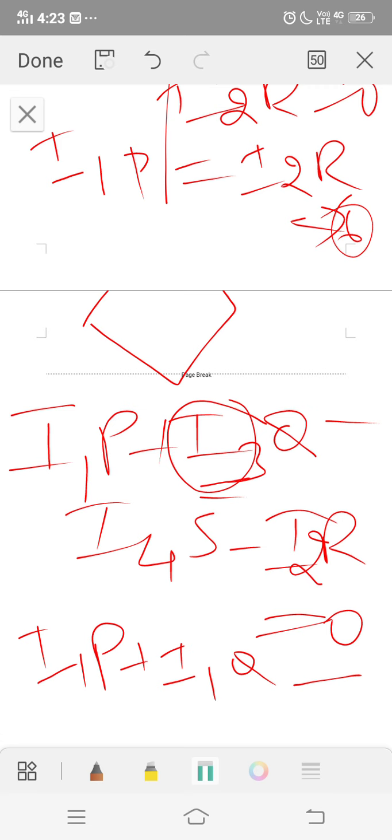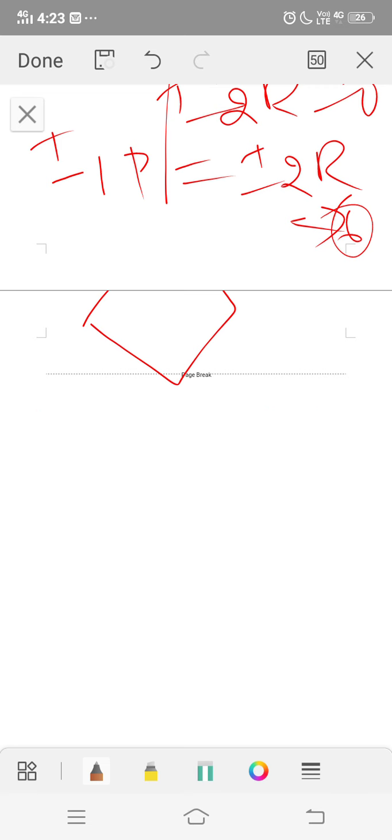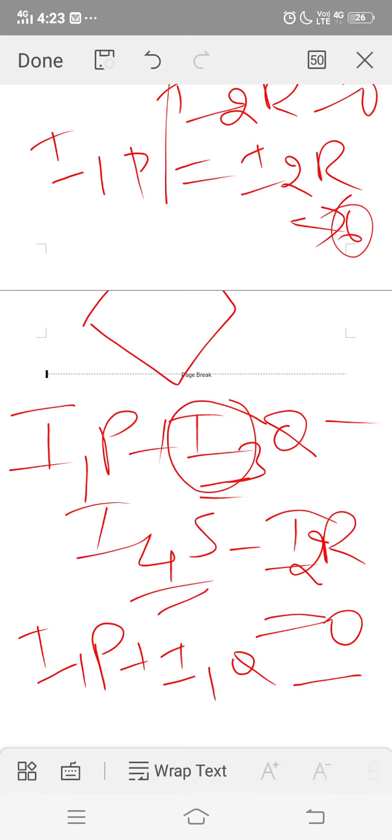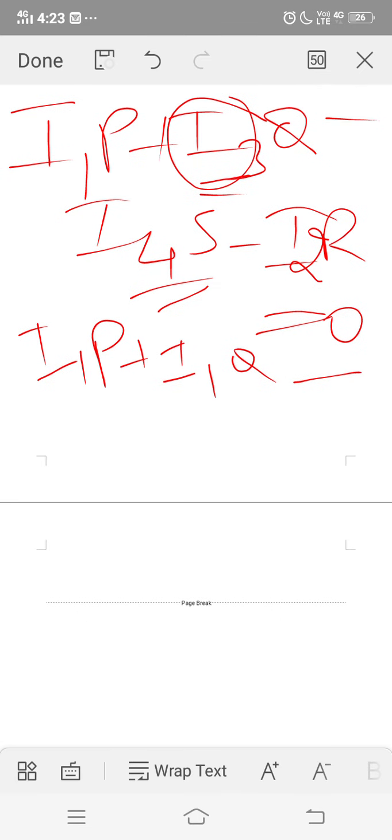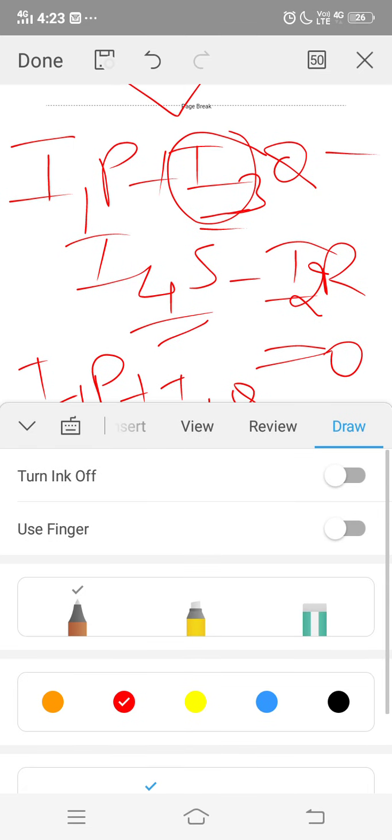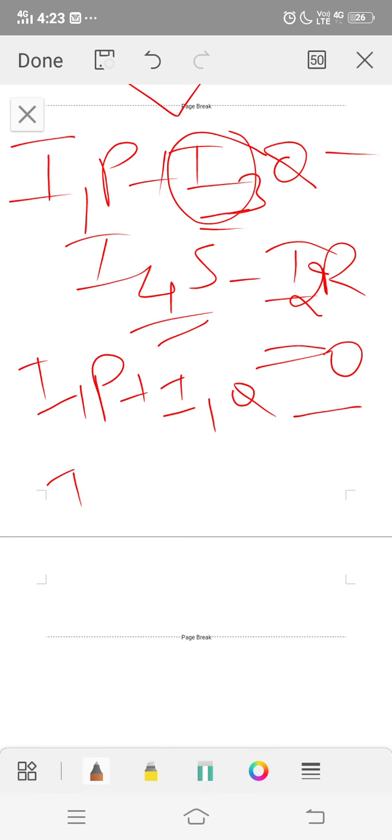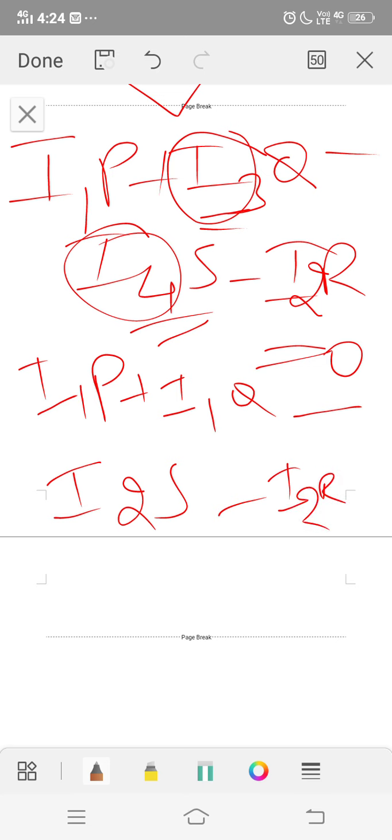Instead of I4 I am substituting the value I2, because from the equation I am substituting here. So instead of I4 I am substituting I2S, minus I2R is equal to 0.